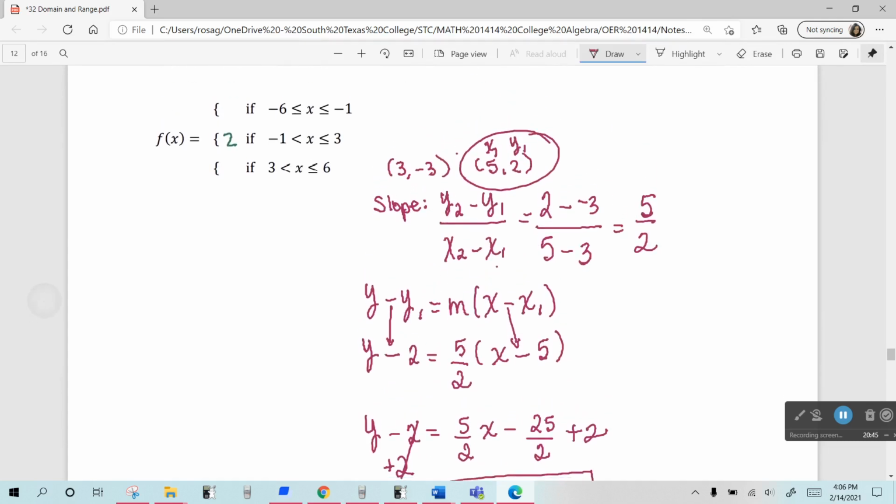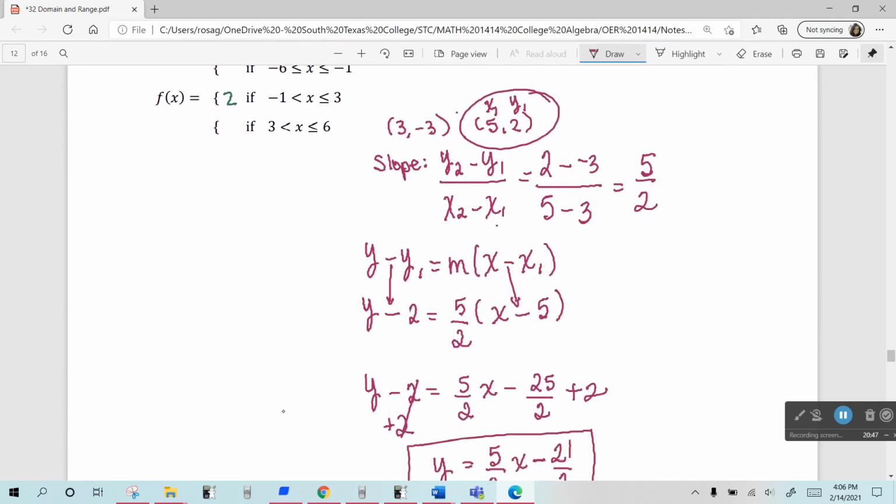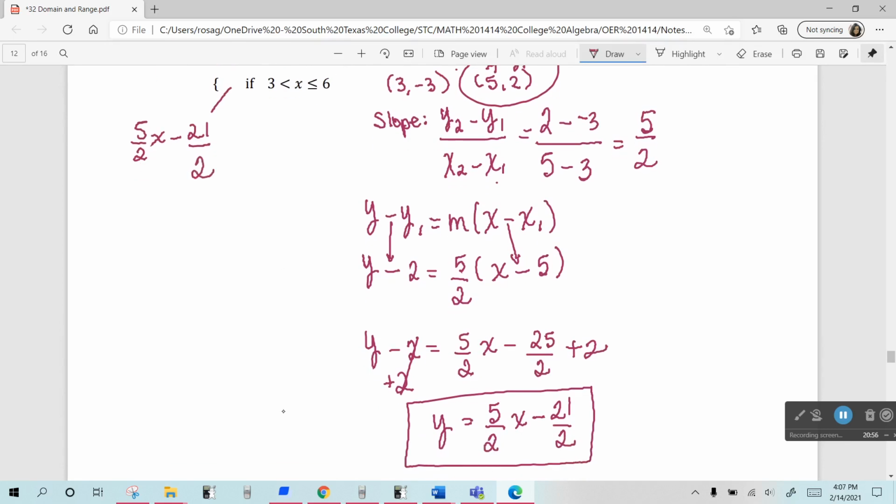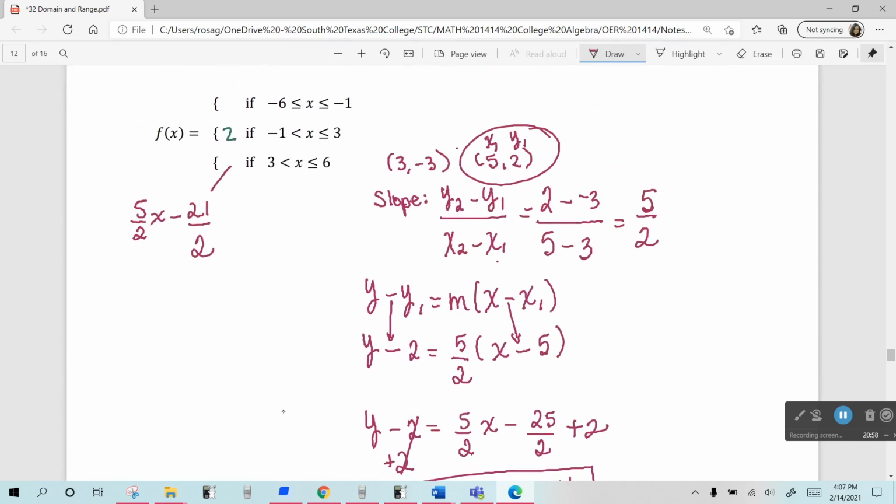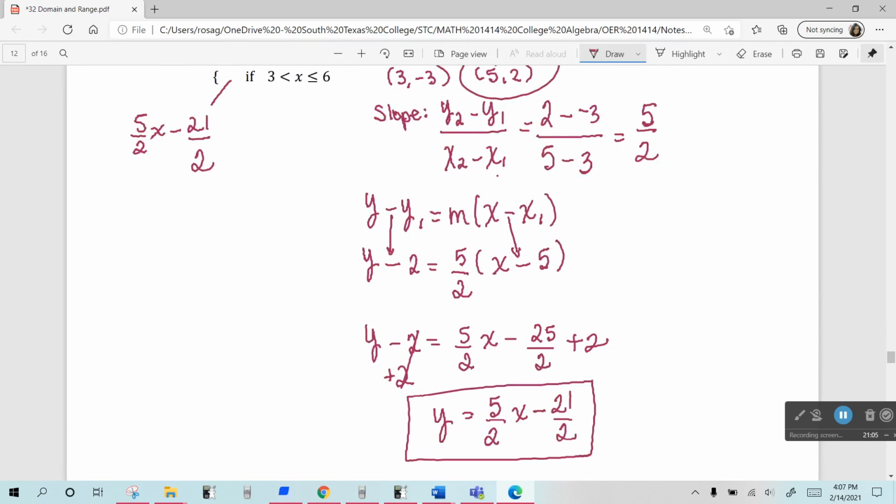So you would put here, this is for the last one over here, 5/2 x minus 21 over 2. And we're going to have to do the same thing for the other one.